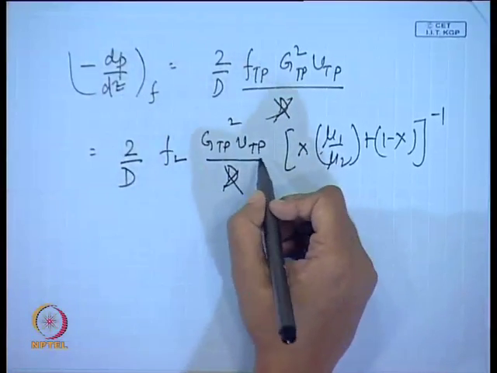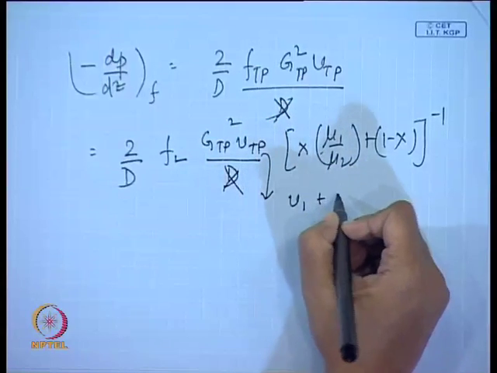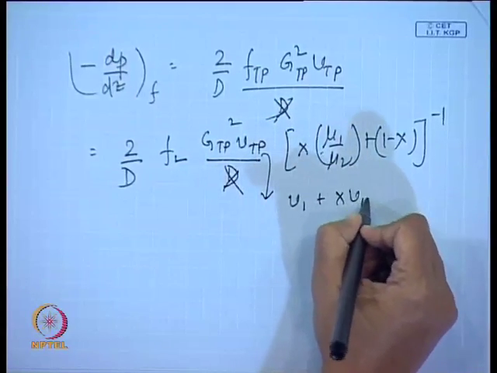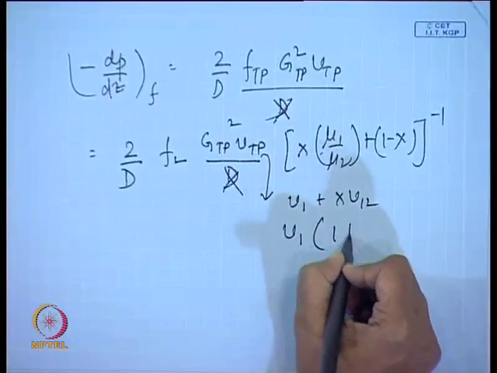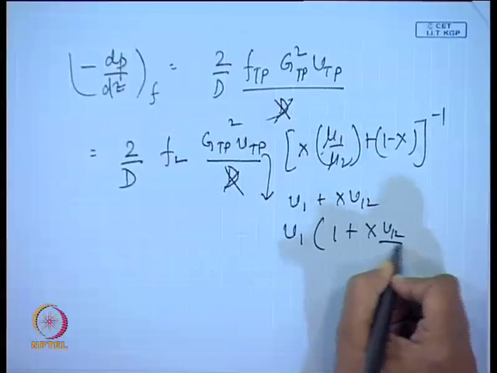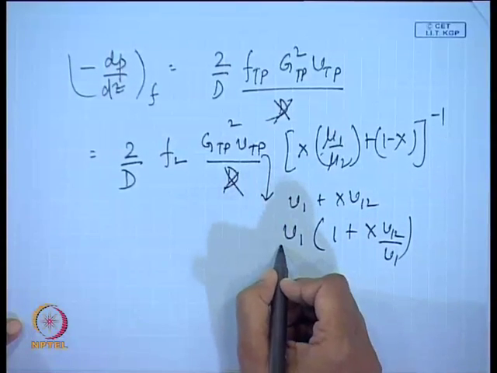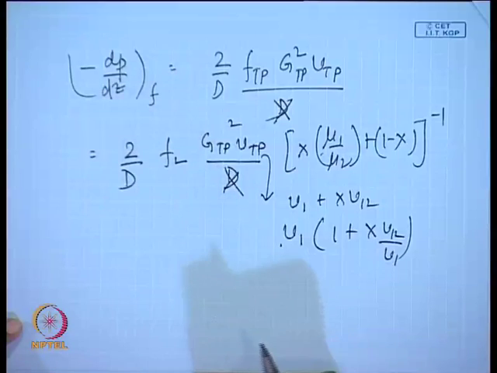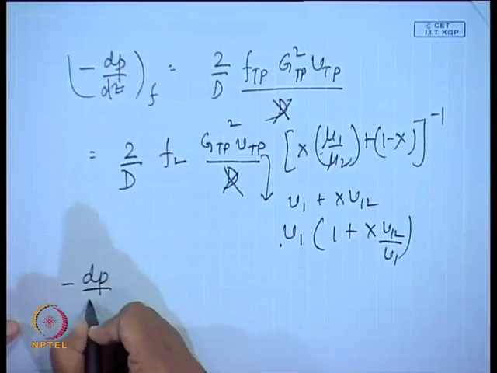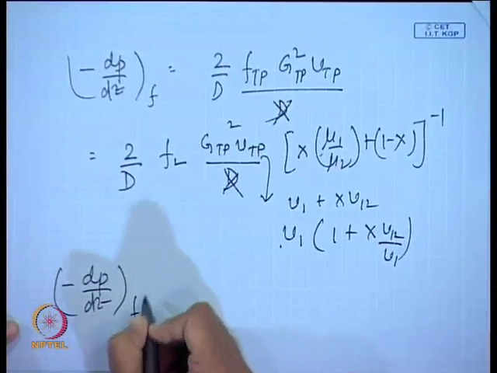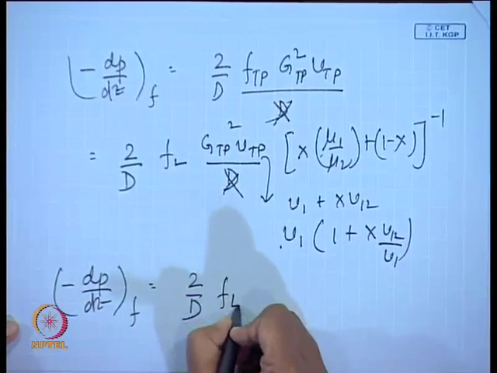very sorry. And this vTP is again nothing but, as I had expressed it, v1 plus x v12, isn't it? Or in other words, it can be v1 into 1 plus x v12 by v1, right. So, therefore, if we substitute again this in terms of the two phase specific volume, then we get the frictional pressure gradient as 2 by d fL.